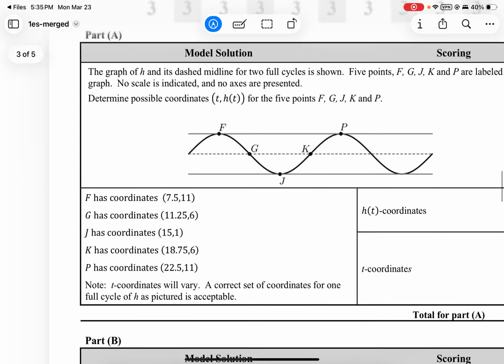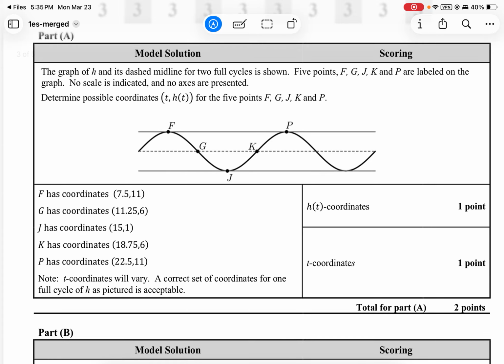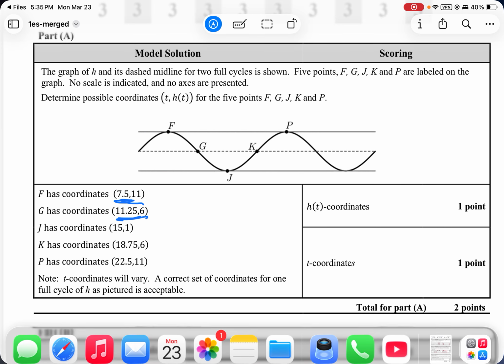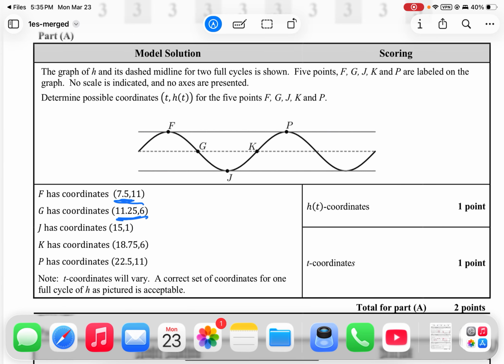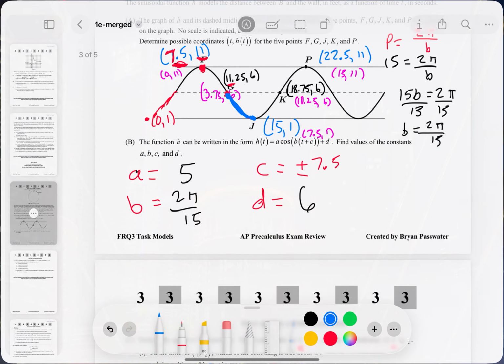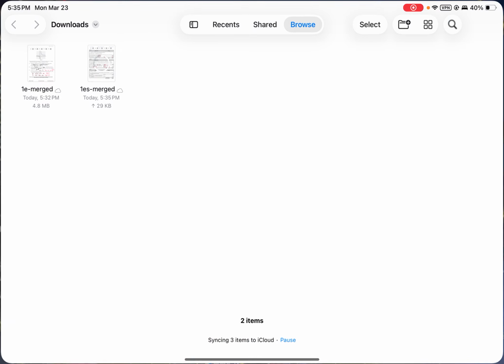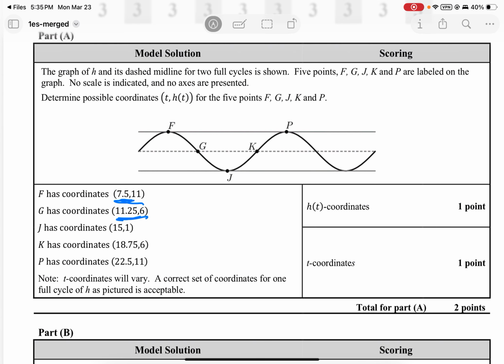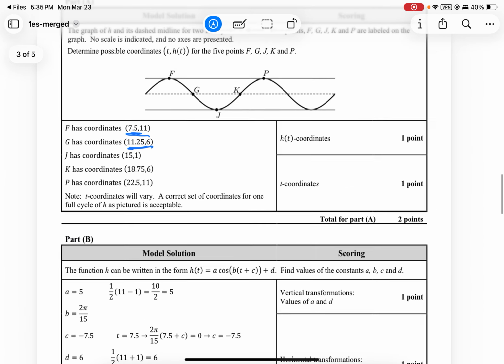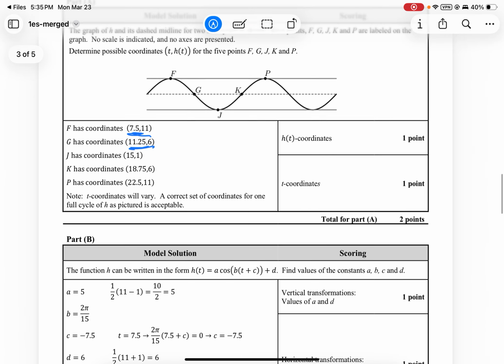Okay, so here we have the values that I wrote. Did I write 11.25? Okay, I did. I thought I might have messed that up. But notice it says T coordinates will vary. A correct set of coordinates for one full cycle of H as pictured is acceptable.